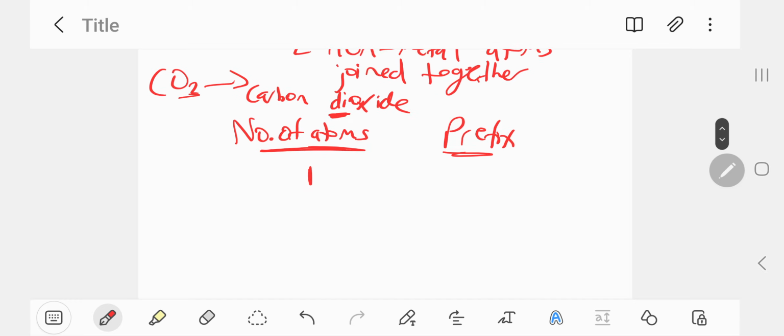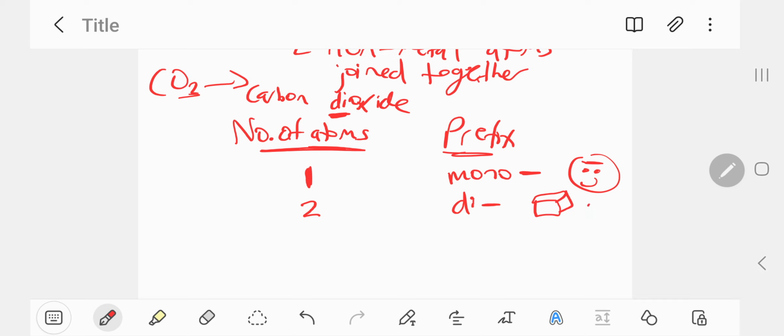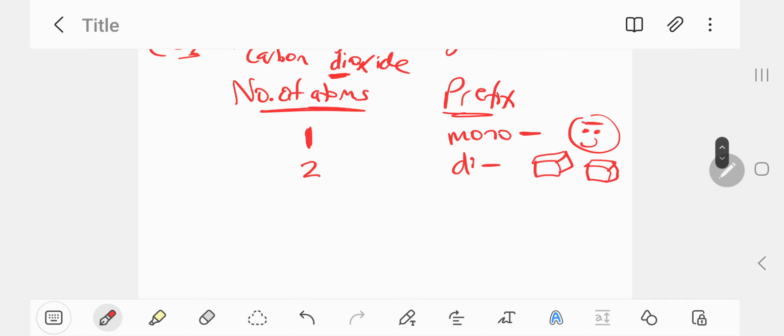Whenever you have one atom, the prefix is mono. Think of monobrow. Mono means one. The prefix for 2 atoms, which in this case the oxygen has, is di. Think of dice. There's 2 of them.